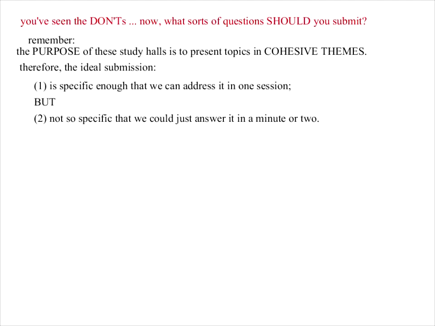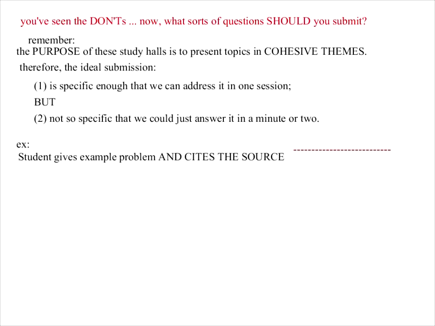For instance, here's one of the submissions that we got a few months ago that gave rise to a problem about comma ing modifiers. The student gives an example problem and cites the source. People usually quote a question. You don't have to have a question, but there's a question of some sort, and then there's answers.